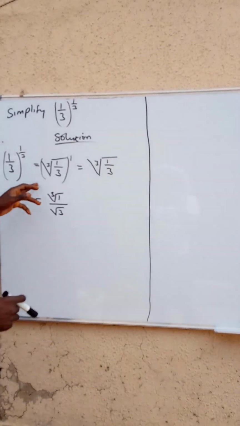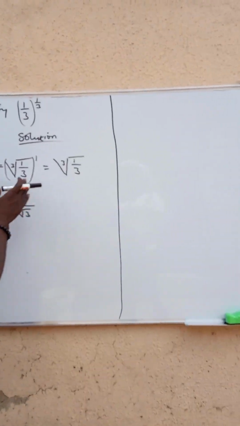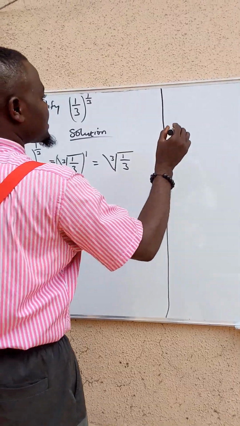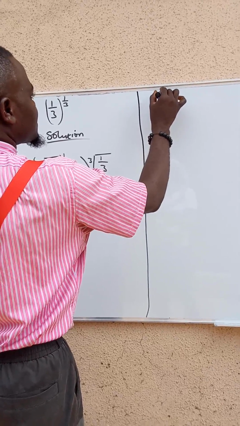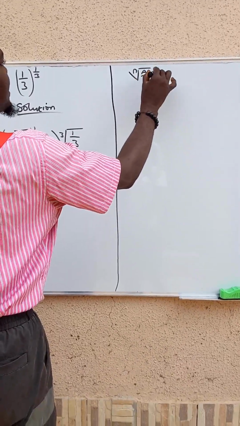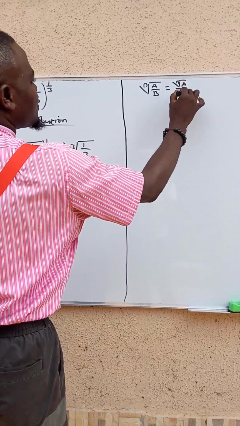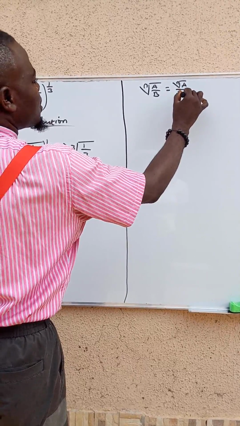Because when you have the two things in a bracket like this, let's say roots, the nth root of a over b is the same thing as the nth root of a over the nth root of b.